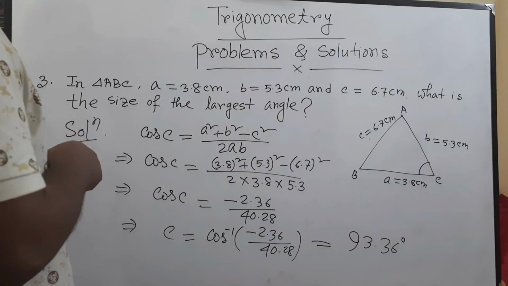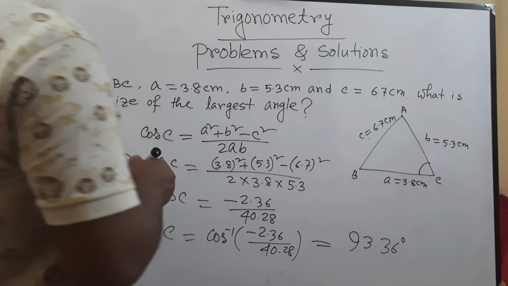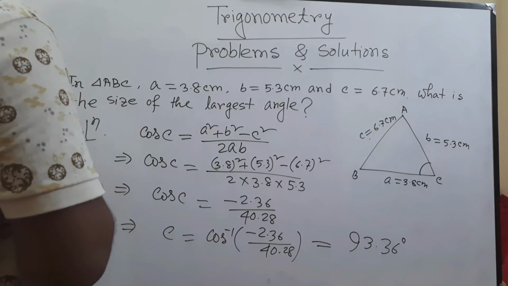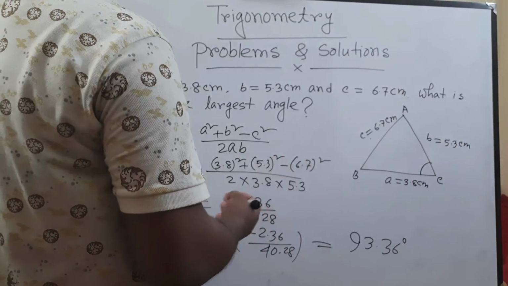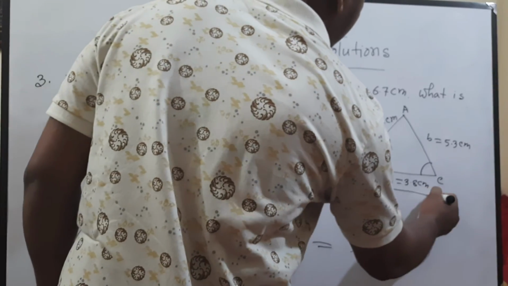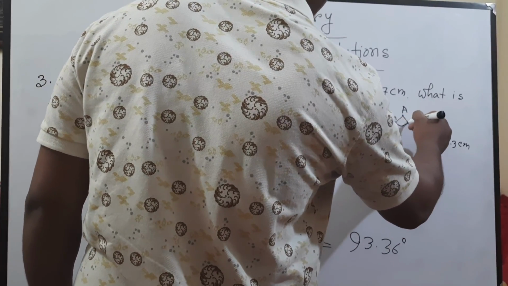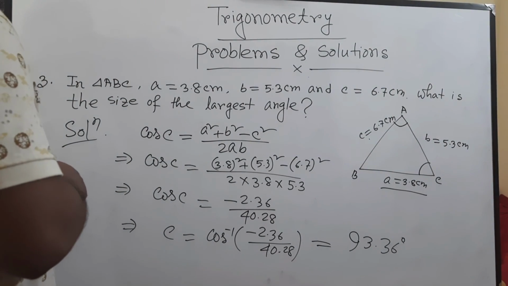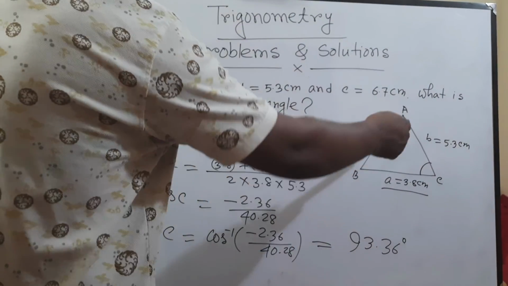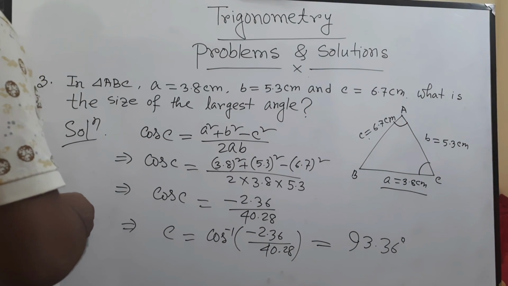So if the question is, what is the smallest angle of this triangle, then you can also find it quite easily. You just look at the three sides, which side is the smallest. So here the side a is the smallest. So here the angle A will be the smallest angle. So then you can use the cosine formula for angle A and you can easily find the value of this angle.